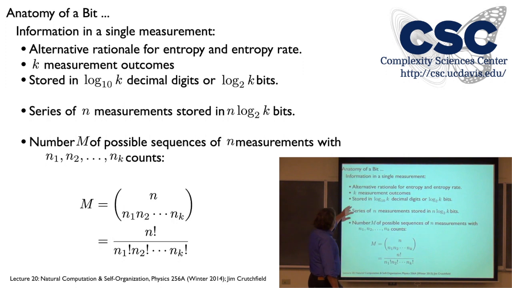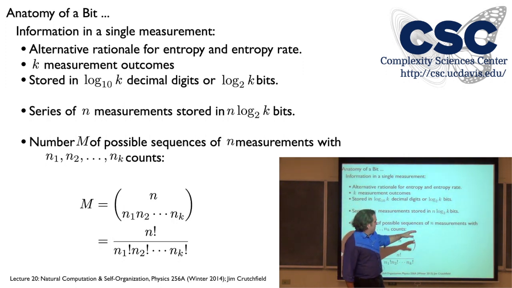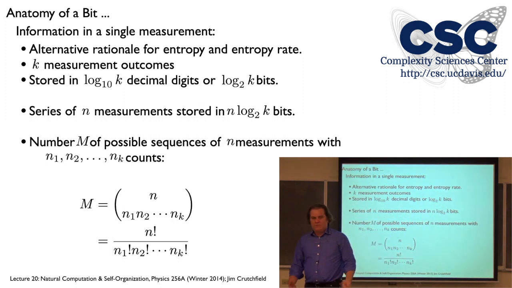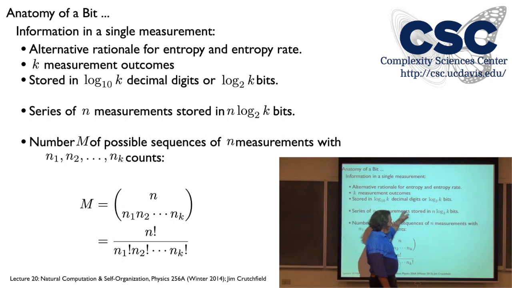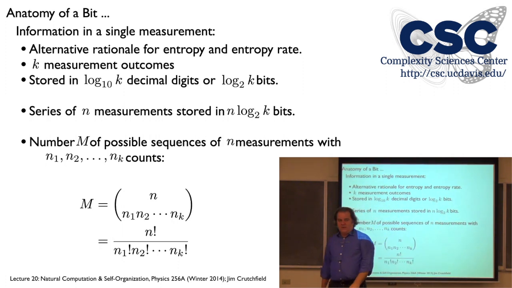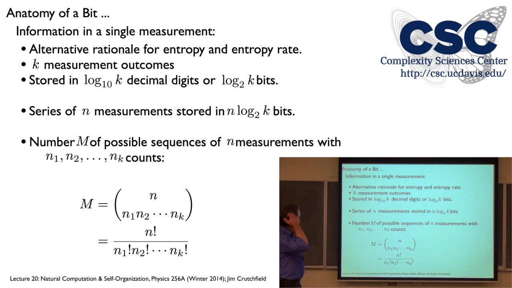Right? If k was 16 possible values, then I would need 4 bits of binary memory to store the results coming in. And of course, if I had a sequence of n measurements, then that would be n times log base 2 of k bits of storage. But now I want to think of a different way.